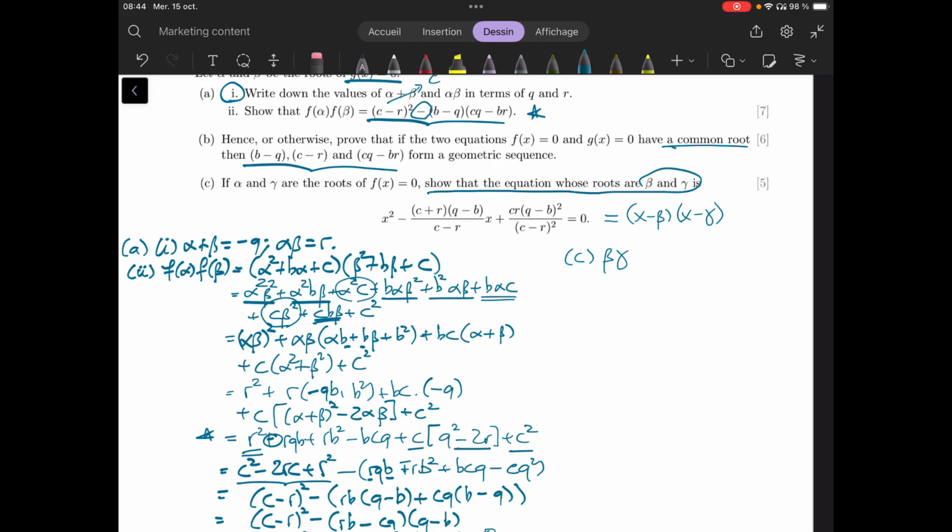So we need to find an expression for beta gamma, and we need to find an expression for beta plus gamma. The coefficient of the term in x squared is 1. So in other words, we need to show that this guy is equal to minus b of our quadratic, and this guy is equal to c in our quadratic.